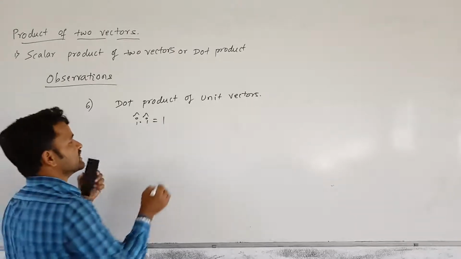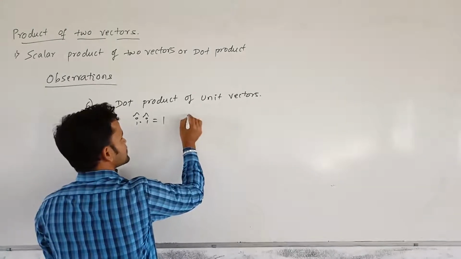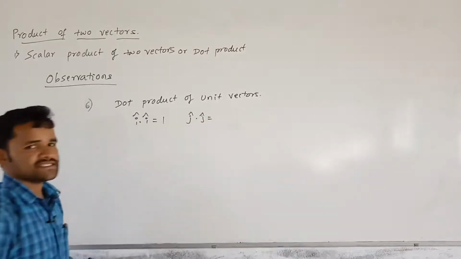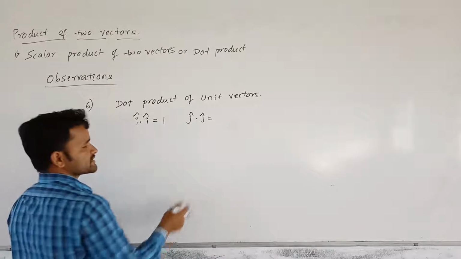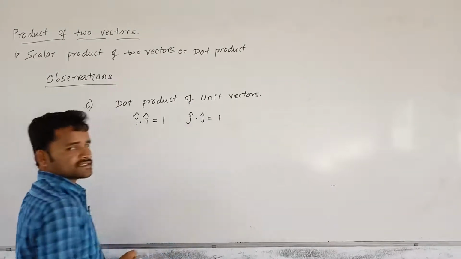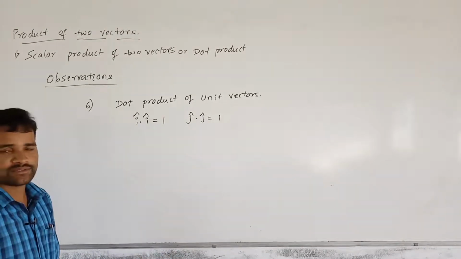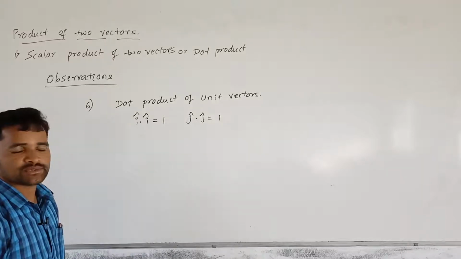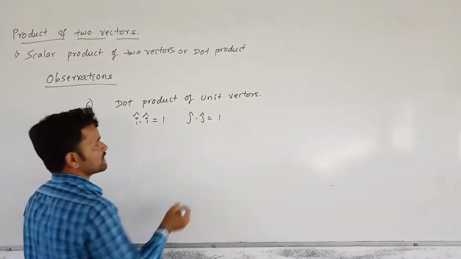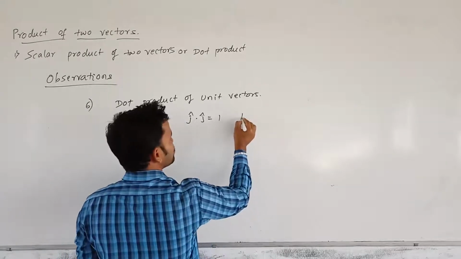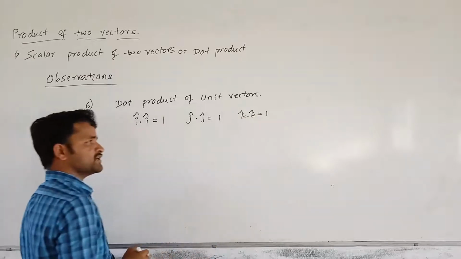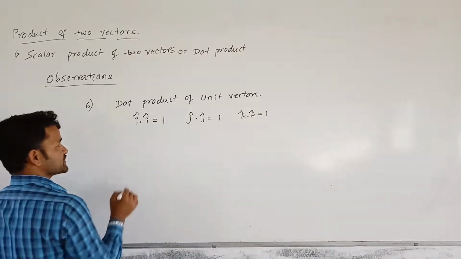In the same way, what is j dot j? Magnitude of j into magnitude of j into cos 0, that is again 1 only. Next, what about k dot k? k dot k is also the same way 1. Fine, we wrote this one.